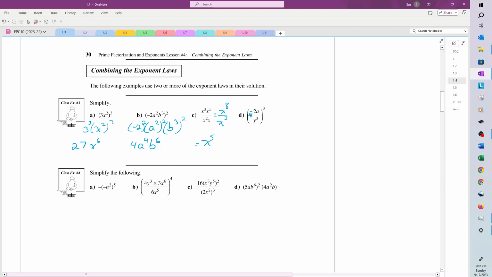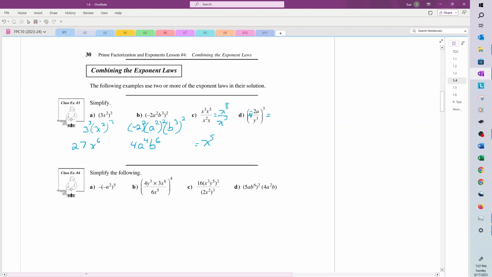But it's just easier to think of it as the -2 is being cubed, and it works out the same way. So there's nothing that I can simplify above the fraction line, nothing I can simplify below the fraction line, and nothing I can simplify inside the brackets, because that's the order of attack that I would use. But there's nothing I can simplify there.